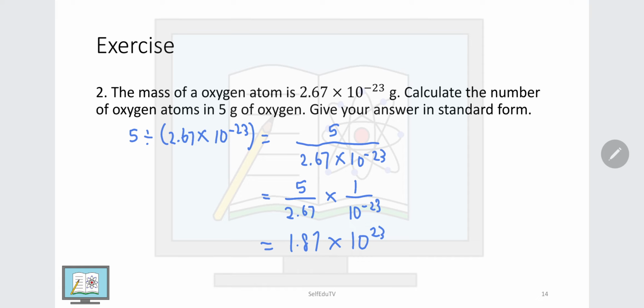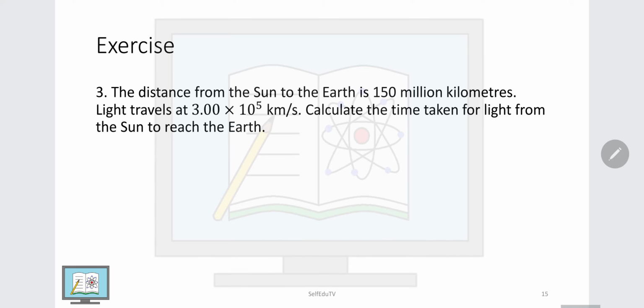So the answer, usually we leave it in three significant figures. To answer this question, you need to know that speed equals distance over time. So to get the time taken, distance divided by speed.